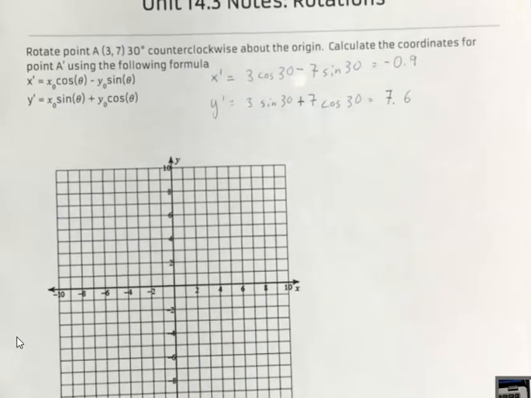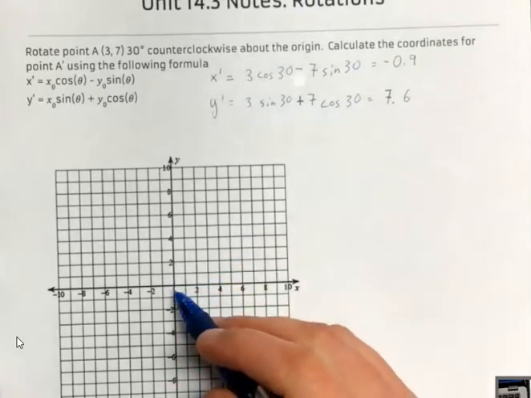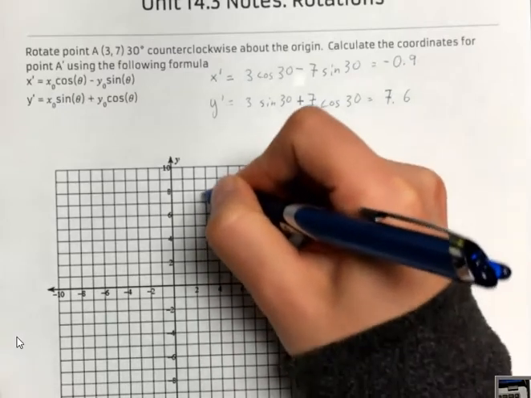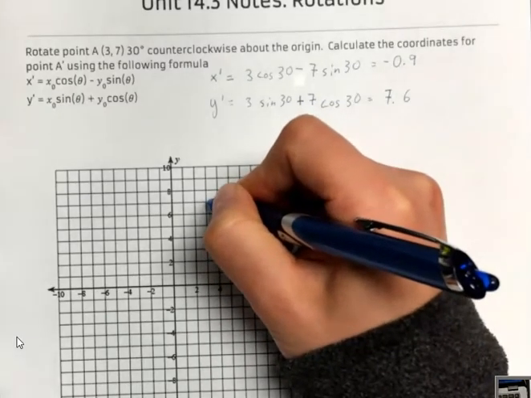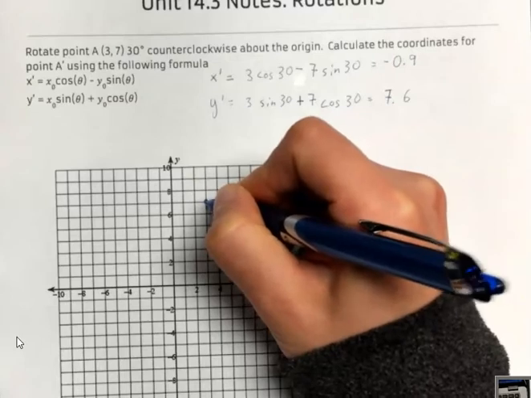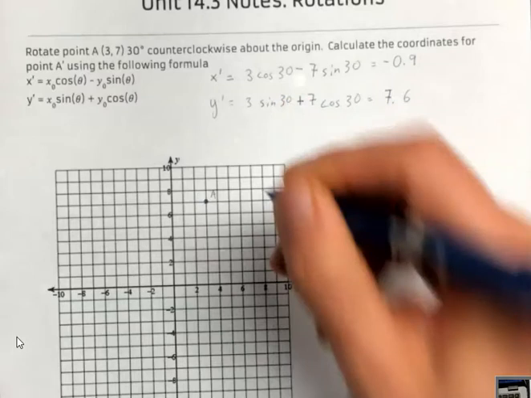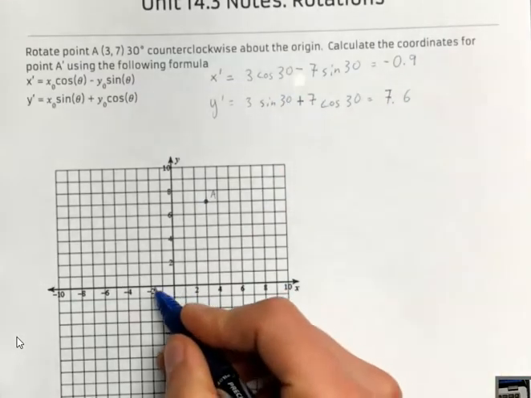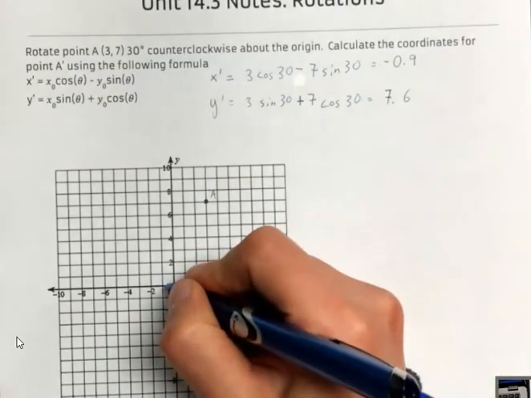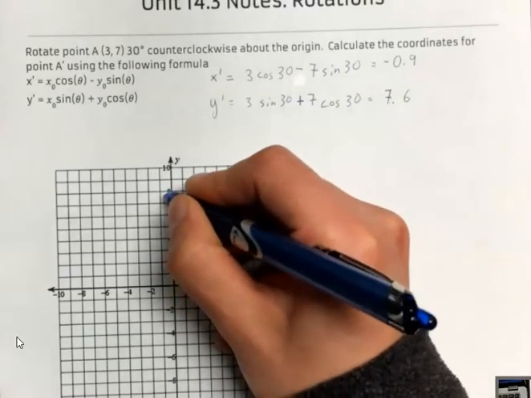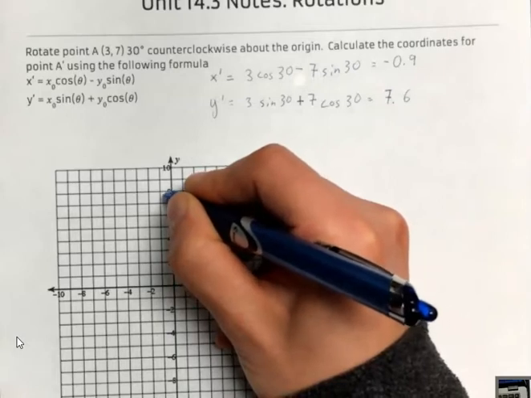So I have 3, 7 original points, so 3, 7, that's A. And then A prime, we said we have negative 0.9, so it's almost negative 1, and 7.6. So negative 1 and 7.6, we should end up right around here.